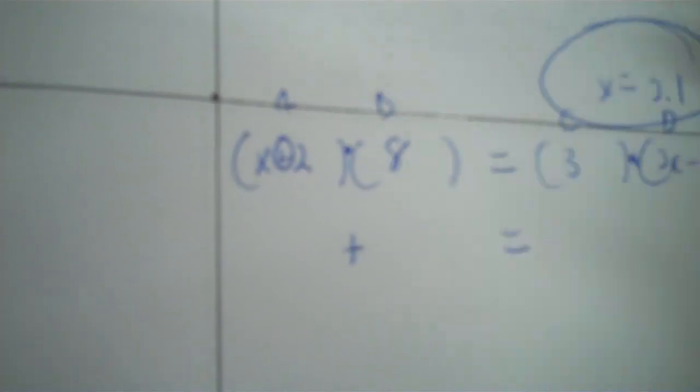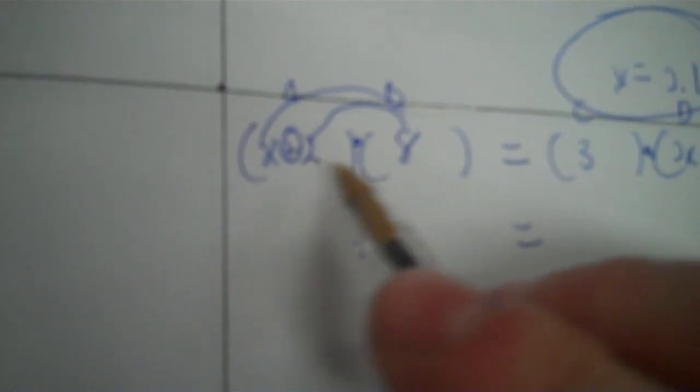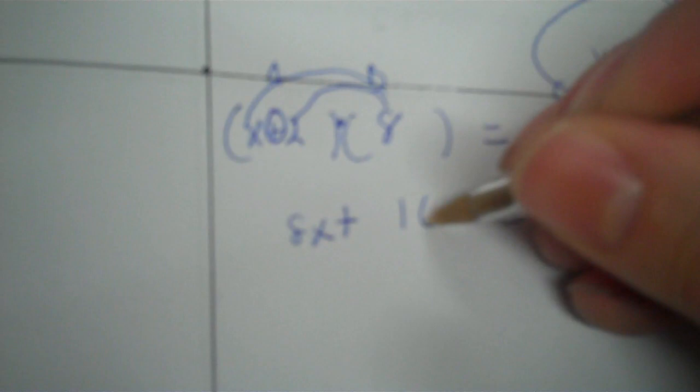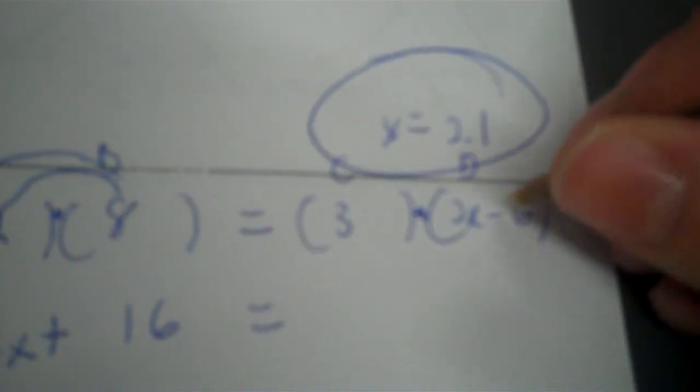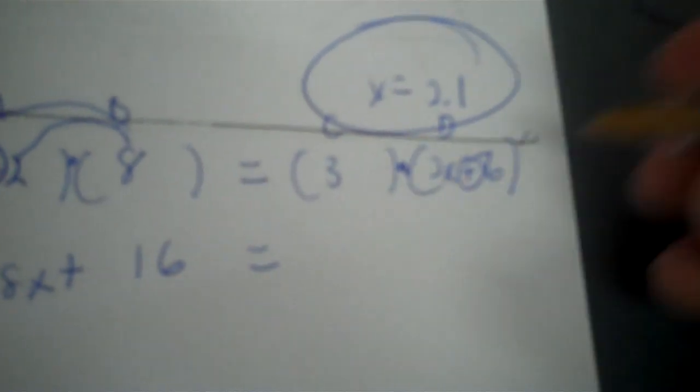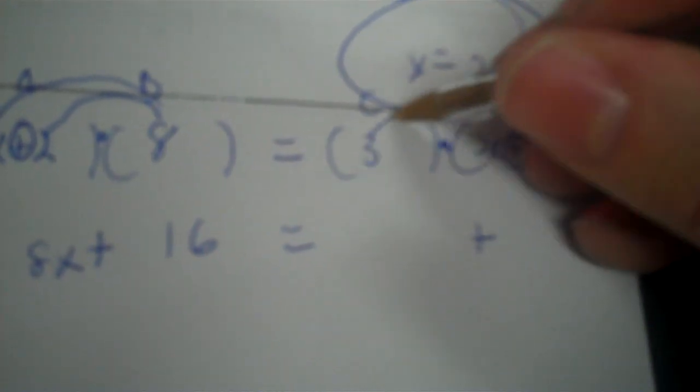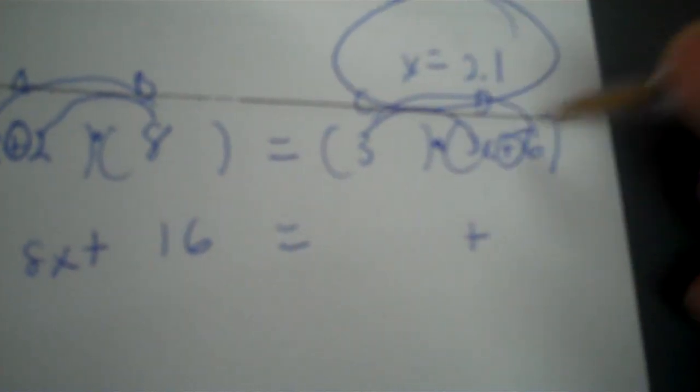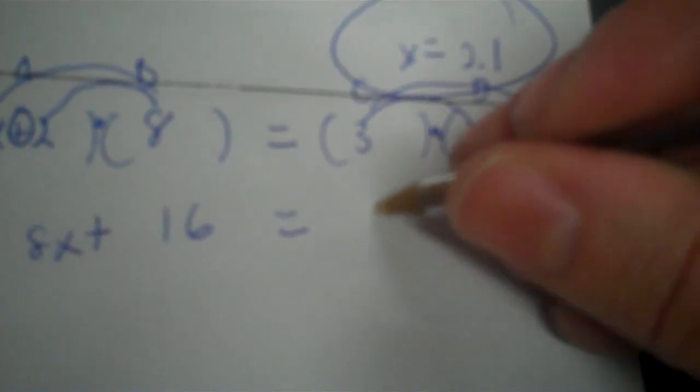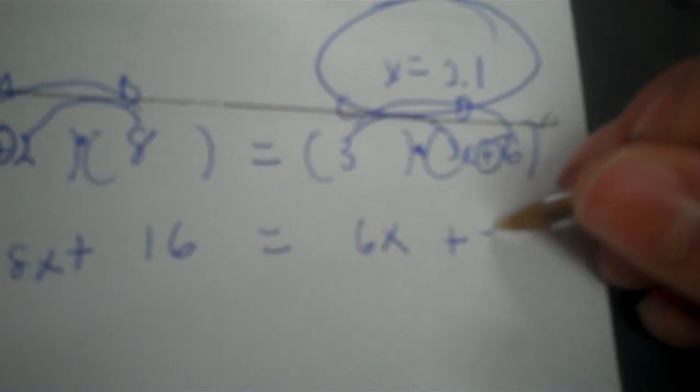We're going to distribute, there's a plus there, so we drop it, and we distribute 8 to 2 and 8 to x. So 8 times x would be 8x, and 8 times 2 would be 16. Now on the other side, I don't like that minus, make it plus negative. Drop that, 3 times 2x, and 3 times negative 6. So that'd be 6x, and then negative 18.